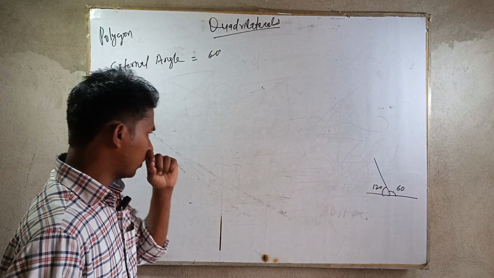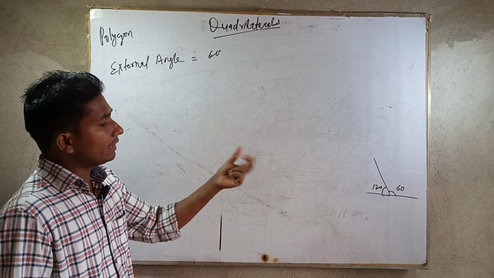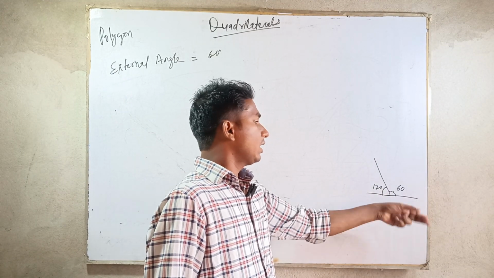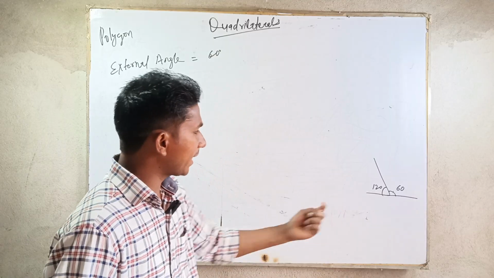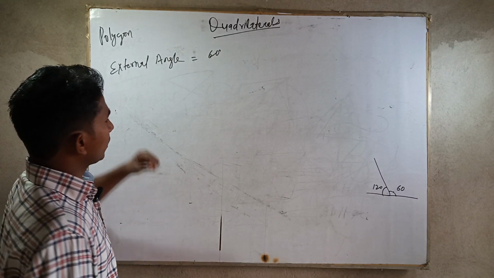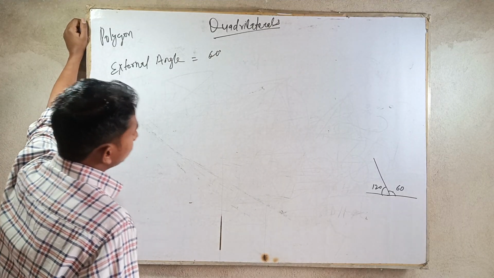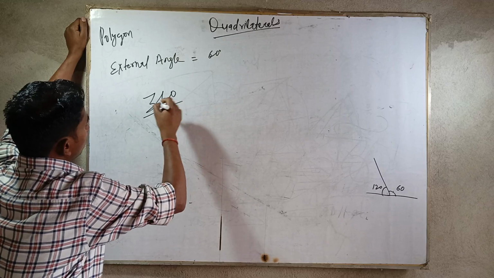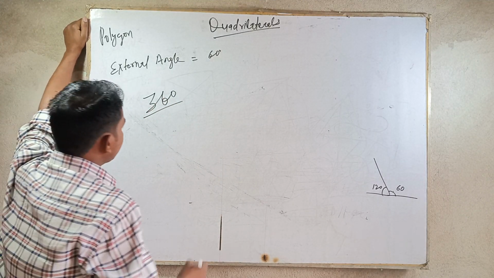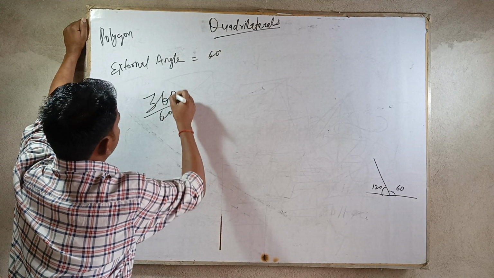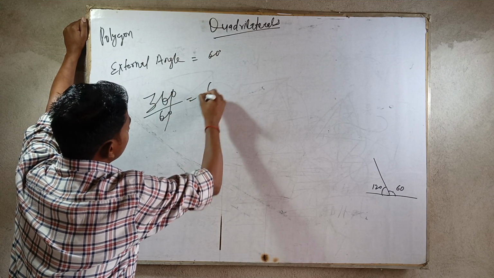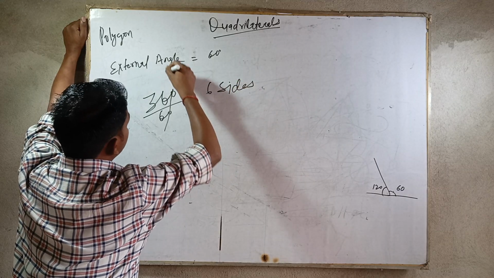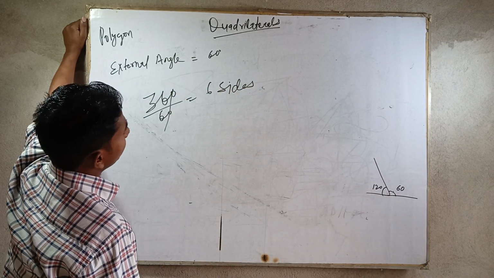In the figure it is asking to find how many sides the polygon can have. I know the sum of all external angles equals 360 degrees, and I have its value 60, then I divide, which gives 6, which means the polygon has 6 sides.